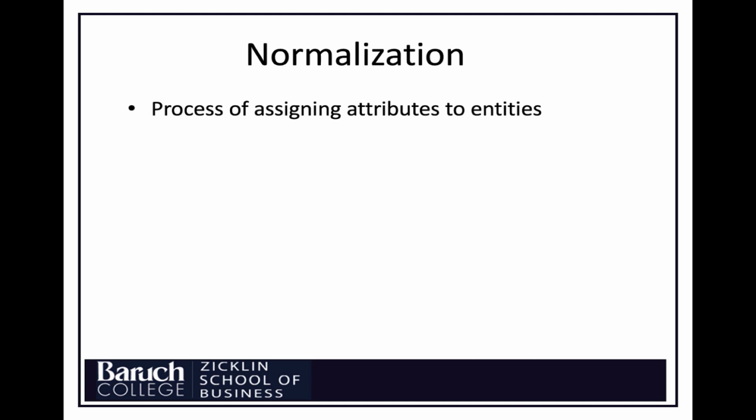is that it allows for less redundancy in the data and it will save space. So as we go through steps of normalization, as I'm going to explain briefly, the data will become less redundant.